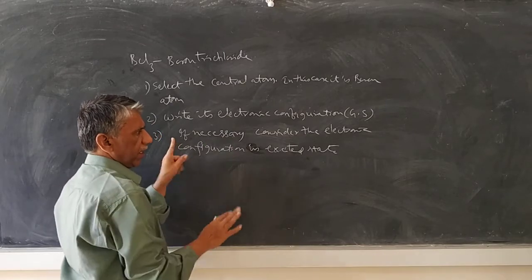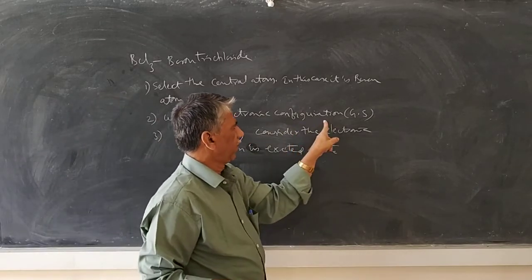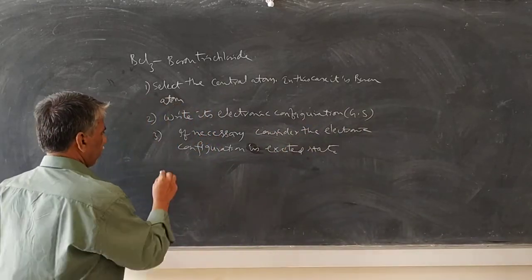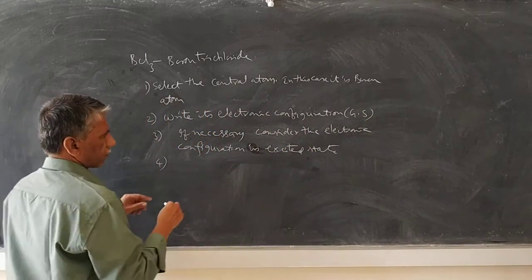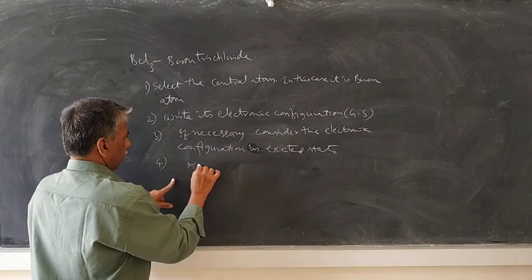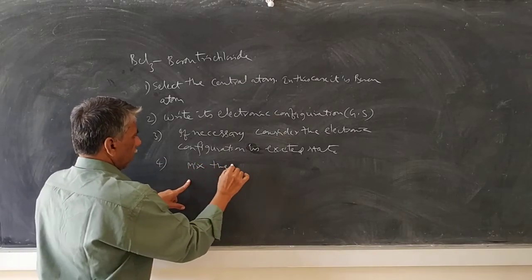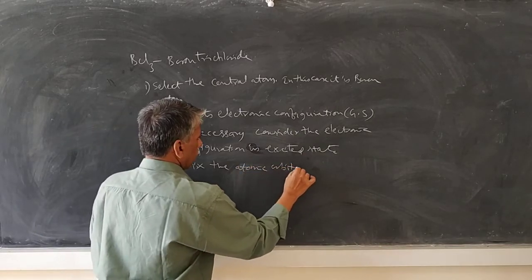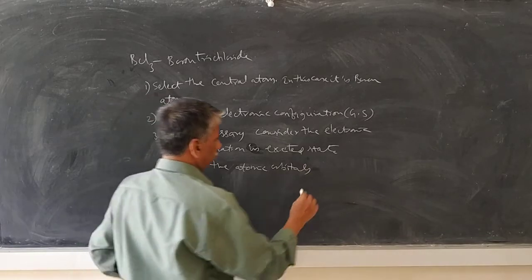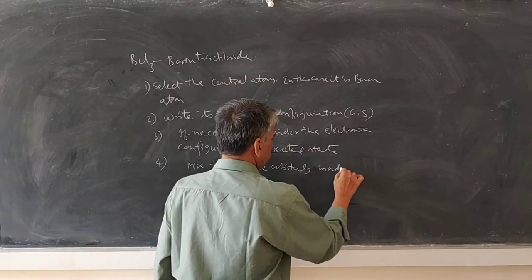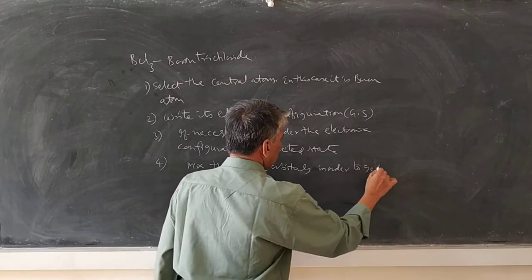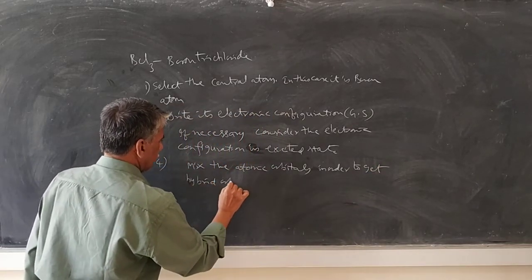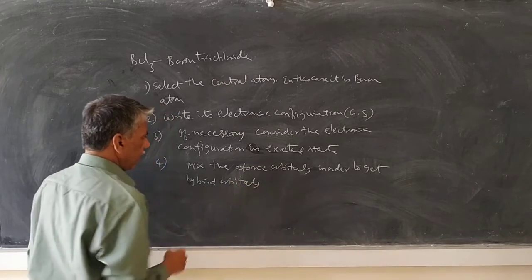If it is not necessary, this configuration is sufficient. The ground state electronic configuration is sufficient. Next, number 4. Mix the atomic orbitals in order to get hybrid orbitals.